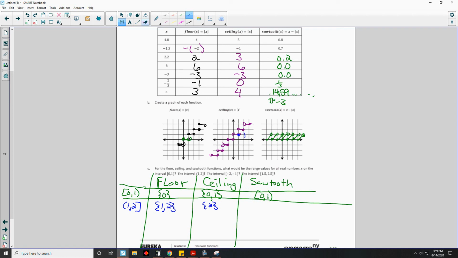Okay? Let me get rid of that. Sawtooth. Going from 1, not including it, which would be here, up to 2 inclusive. It's going to be all values between 0 and 1. But we're not including 1 here.